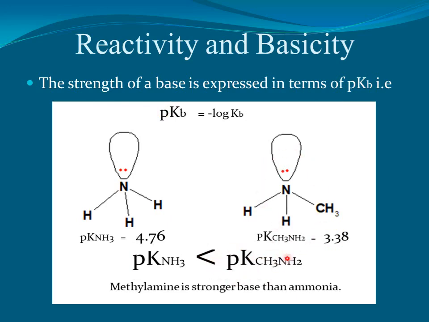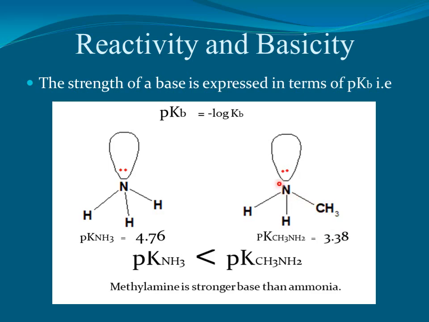Now students, what is the reason? You already know that methyl groups are electron donating groups. Now this nitrogen is a nucleophile. It can donate its lone pair. But this methyl group, being electron donating, assists the donation of this lone pair.